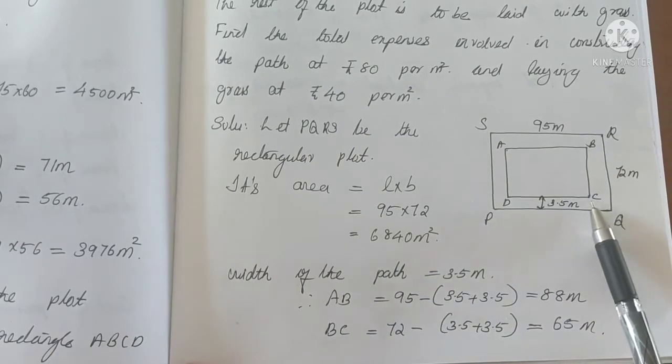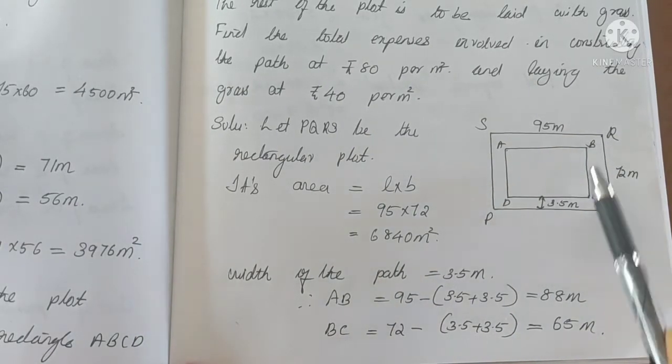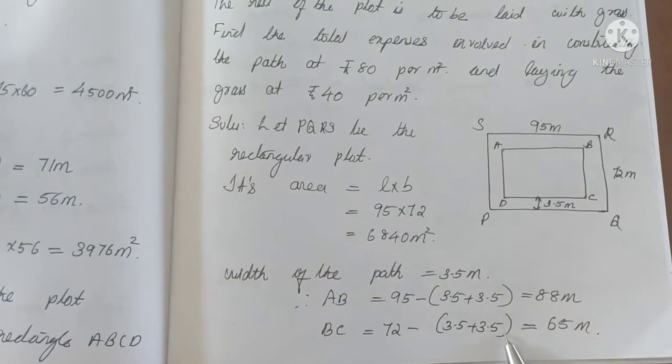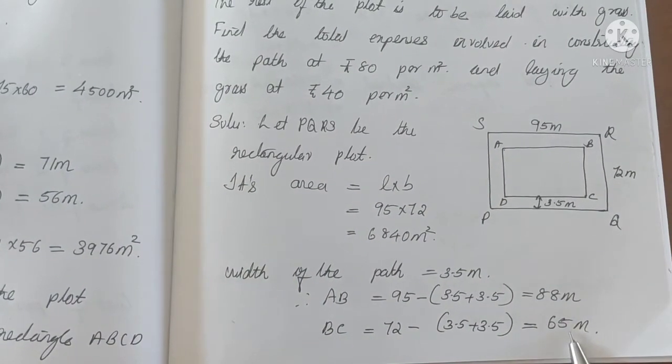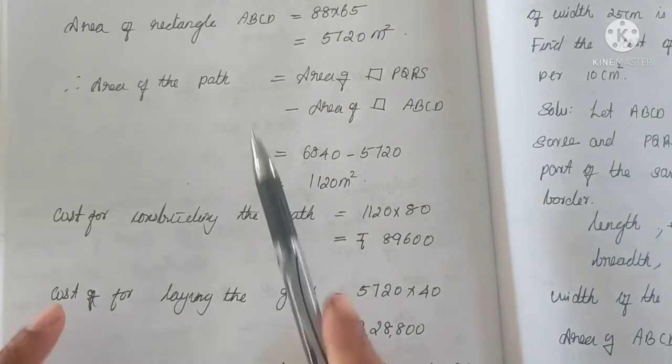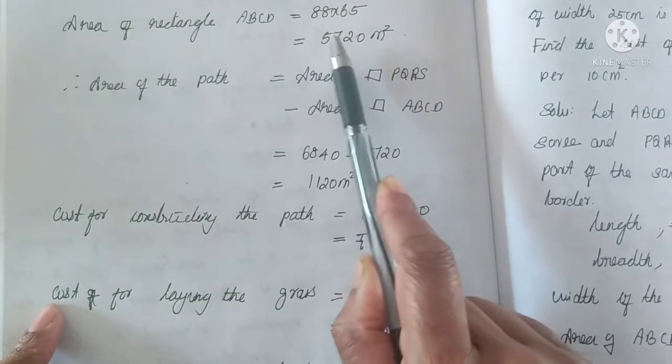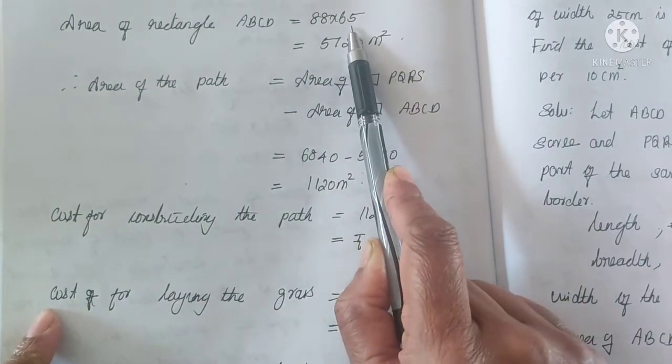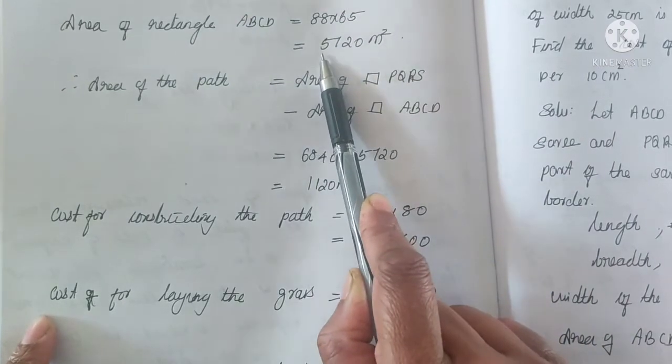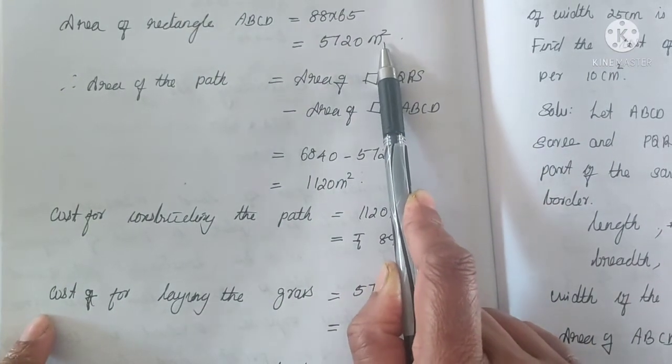Similarly for BC, here we have to subtract 3.5, 3.5, which becomes 7. 72 minus 7 becomes 65 meter. So the area of rectangle ABCD is equal to 88 into 65, which is equal to 5720 meters square.